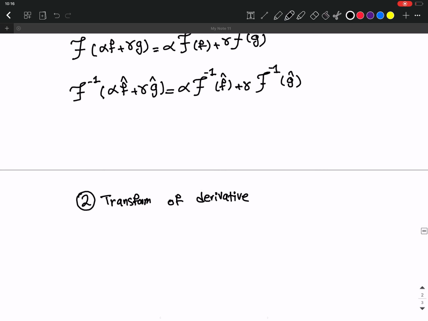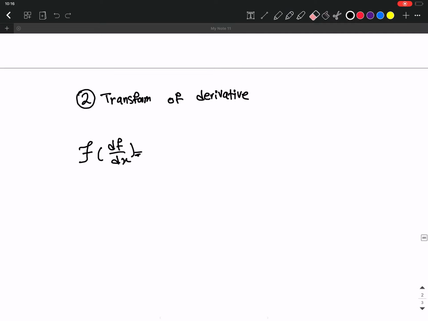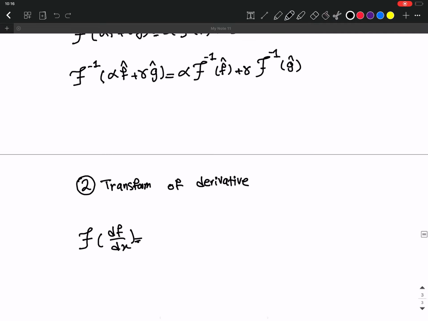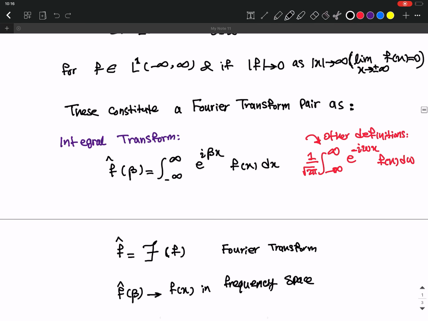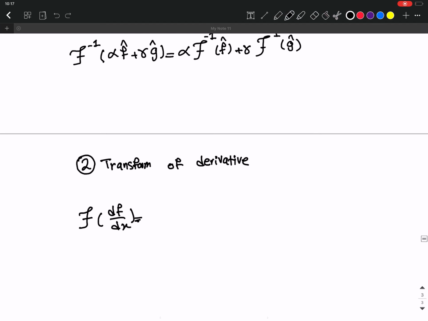So this property states that the Fourier transform of the derivative of a function, df of x, we are going to find a relation for that. So let's see what it is. The Fourier transform of it, based on this formula that we have, is going to be e to the i beta x times f of x, right? df over dx.